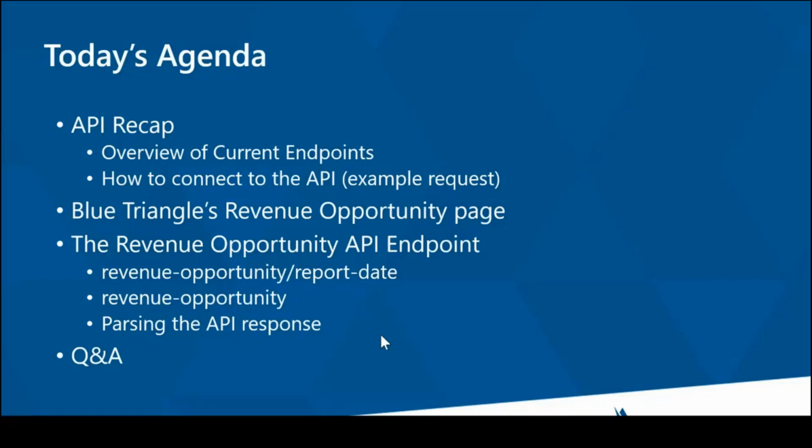We'll cover that toward the end, and then finally we'll end with some Q&A. Any questions that come up during the session, I'm happy to answer those, and we'll save some time for that at the end.